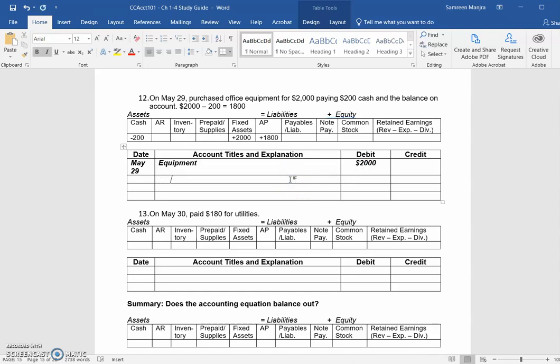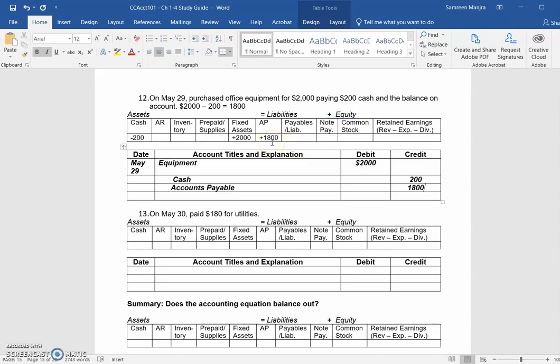The accounts we're going to credit: we're going to credit cash for $200 because we have a decrease in our cash asset. We also are going to record a credit of $1,800 to accounts payable because we have an increase in our liabilities. So you can see that what column our debits or credits are included on does not necessarily correspond with the plus and minus signs.